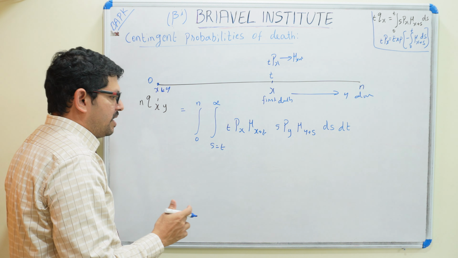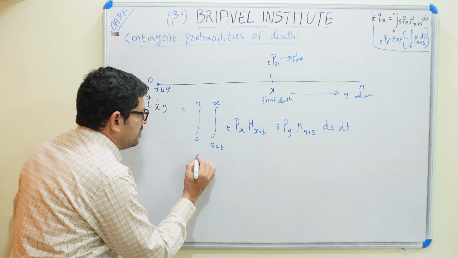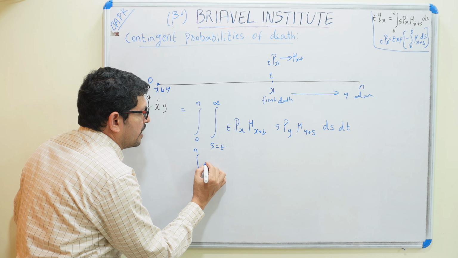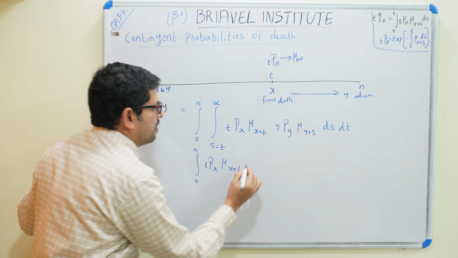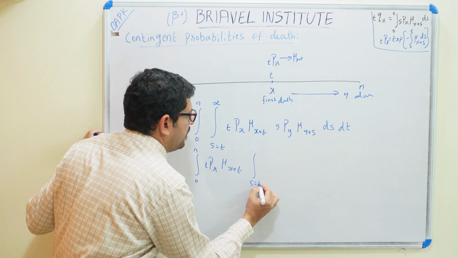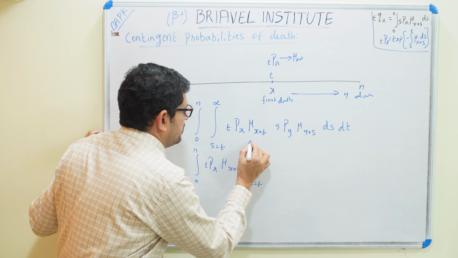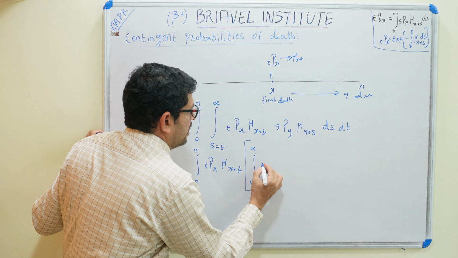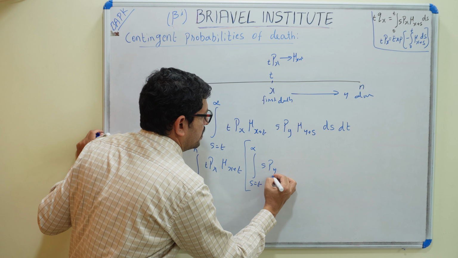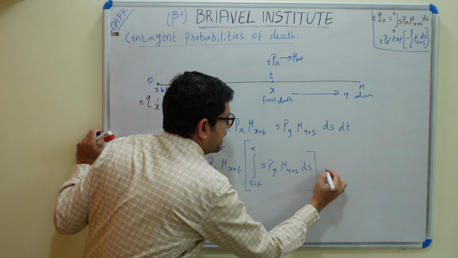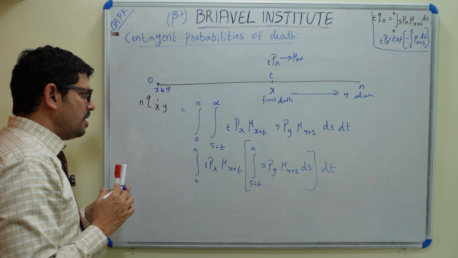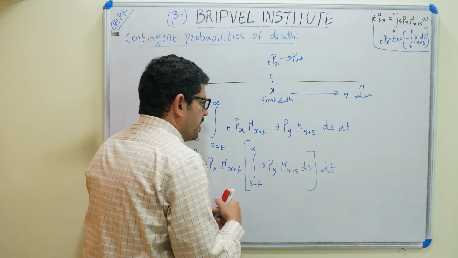We can separate them, then we'll understand. 0 to n t p x mu x plus t, we can separate to make an integral s from t to infinity, and this is putting the bracket s p y mu y plus s ds, that is in the bracket, then dt. Now you see, now we will understand.